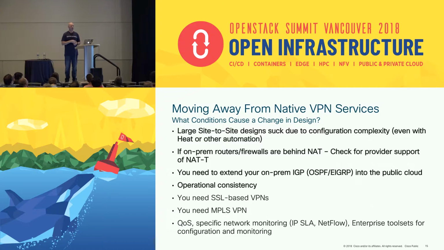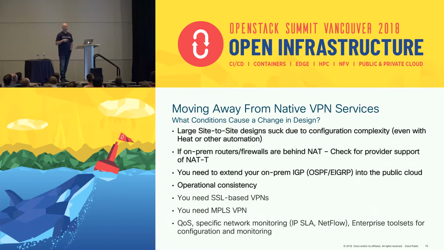So if you're like most customers that deploy an entire group of hardware or virtual VPN boxes behind a tier of NAT, then you can get killed with this type of model because you actually cannot establish your IPsec relationships with that native VPN service because they do not detect NAT transparency. You have to publicly address those VPN endpoints. So that's one trigger point.